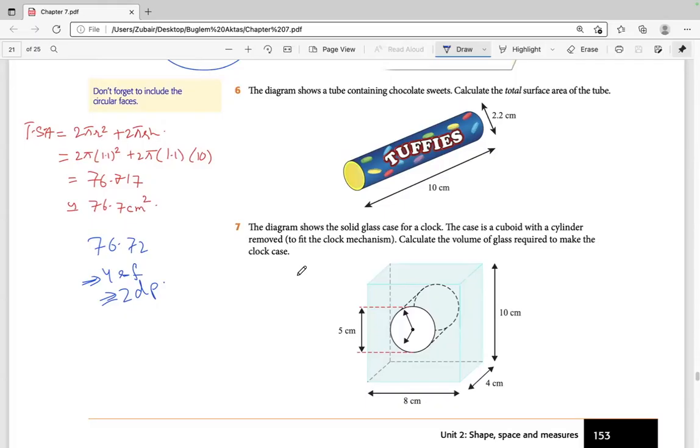Do we have to find the volume of the cuboid? The volume of the glass after removing that part. Okay, so we just have to subtract the volume of the cylinder from the volume of the glass. Yes.